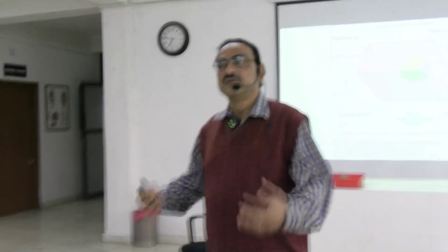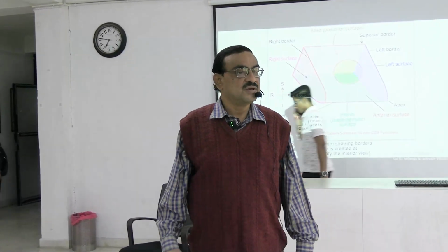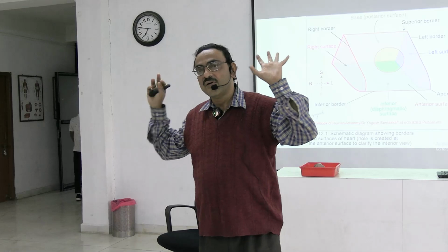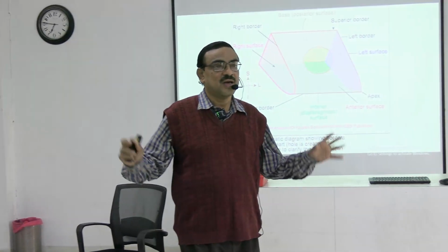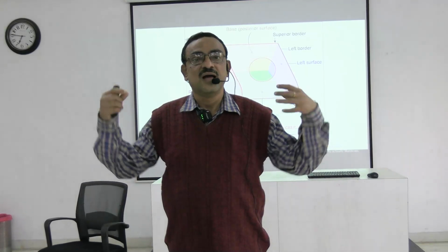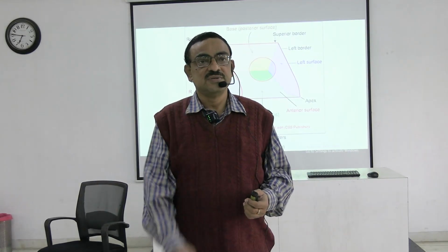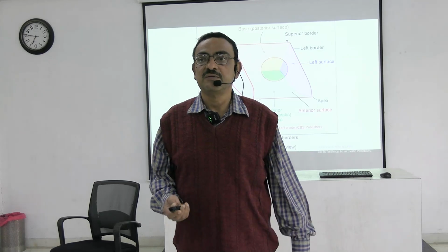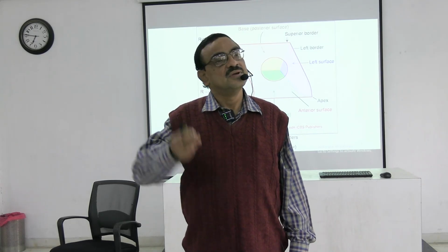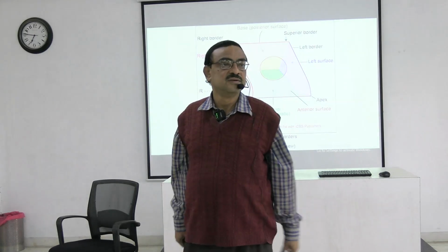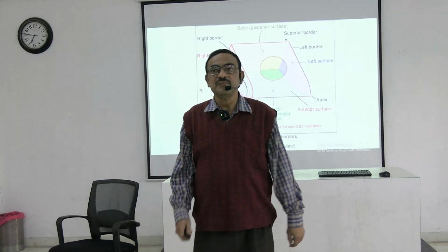From there blood reaches the left ventricle, and from the left ventricle it reaches the aorta. From the aorta, ultimately it is ejected during the systolic contraction of the ventricle. It goes to the periphery through the aorta and its subsequent branches.